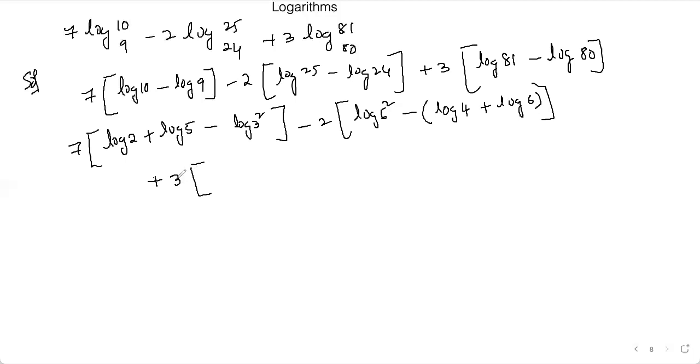So 9 square is 81, right? So log 9 square, right? Minus this, again I can split it as log 8 plus log 10, right?